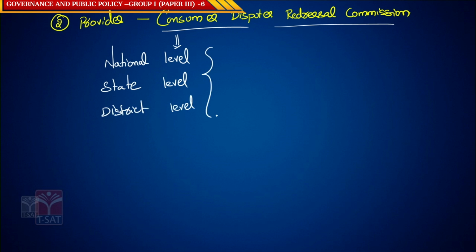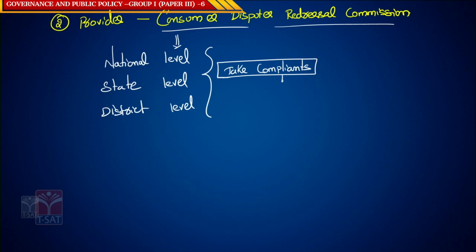That is your national level, your state level, and district level. Why? The main purpose of this Consumer Dispute Redressal mechanism is to take the complaints from the consumers. What type of complaints?